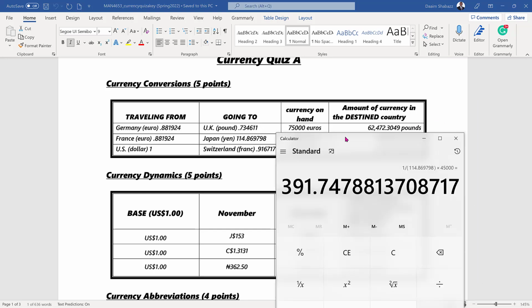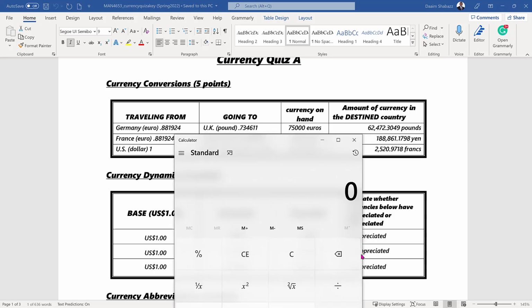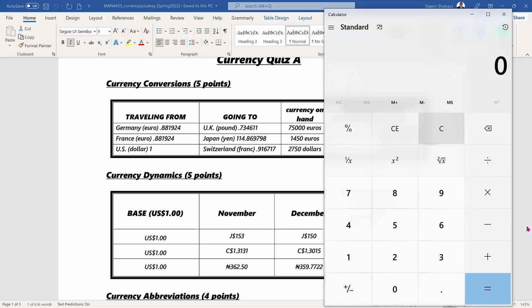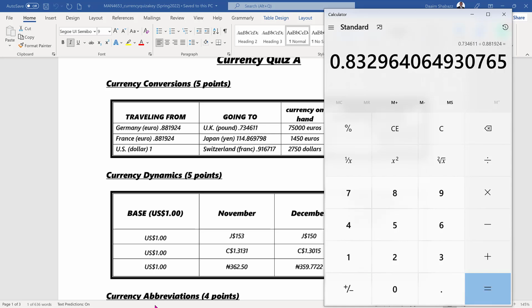So if you do the math, let's say we go ahead and pull out our calculator. If you had to do this on the exam, you would put 0.734611 divided by 0.881924 equals 0.832964, etc., etc. So this is how much €1 is equal in pounds.